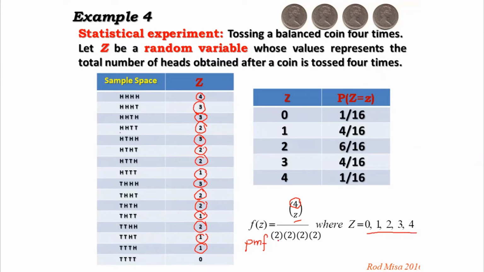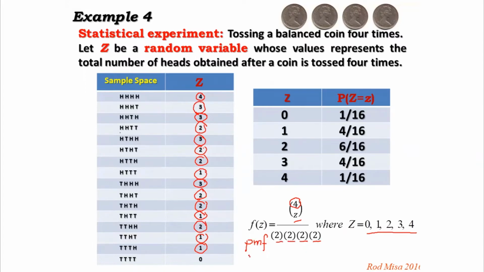And in the denominator, we have 2 times 2 times 2 times 2, because the first coin could land in 2 ways, independent of the result of the second coin, which is also 2 ways, and the same with the third coin and also the fourth coin.